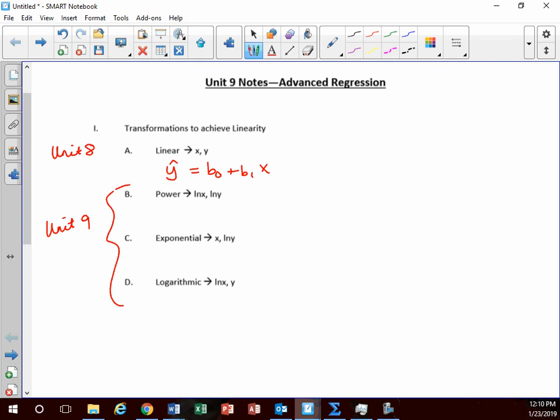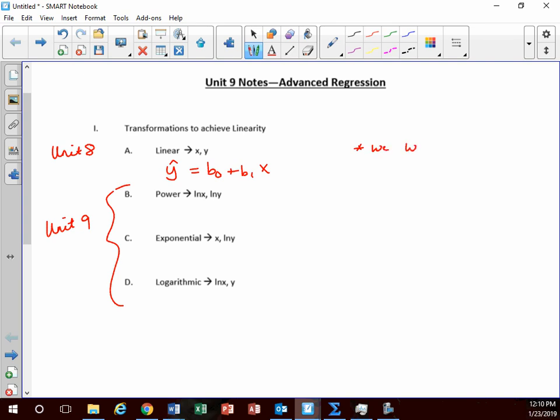What we're talking about with these different models, we've got power, exponential, and logarithmic. That means your data set is not linear to begin with, okay? It looks like one of these. And then you want to straighten out your data. You want to make it linear. So you have to do some sort of transformation to your data. So that's the goal at the beginning here.